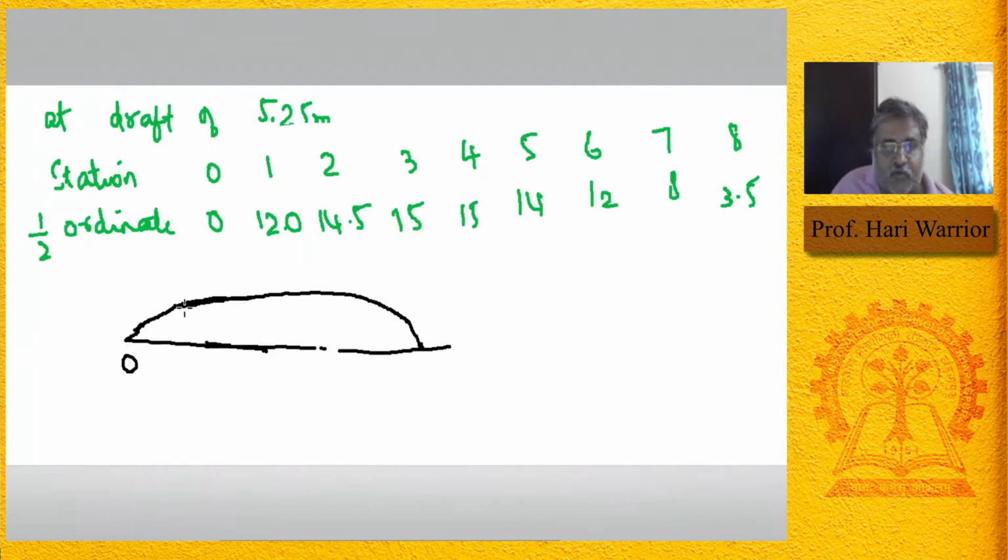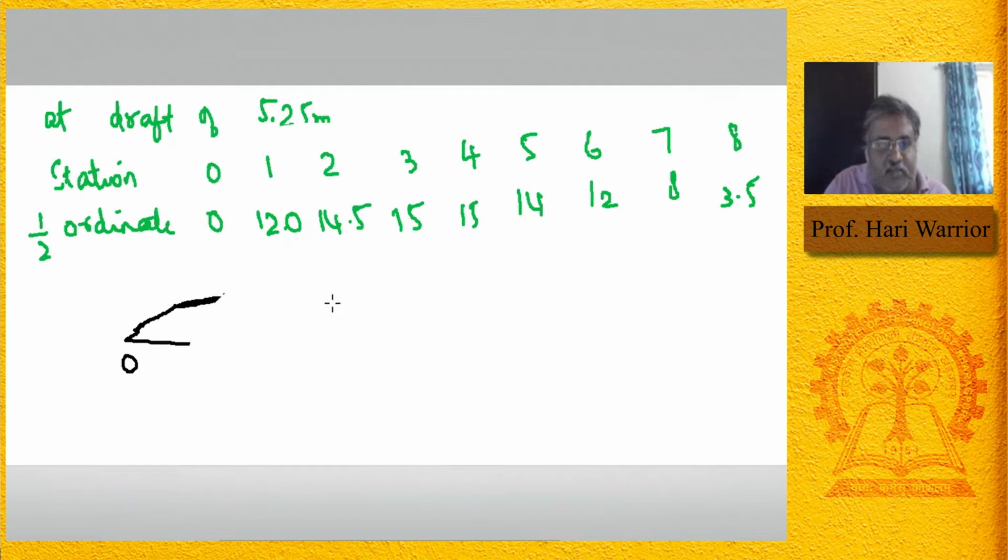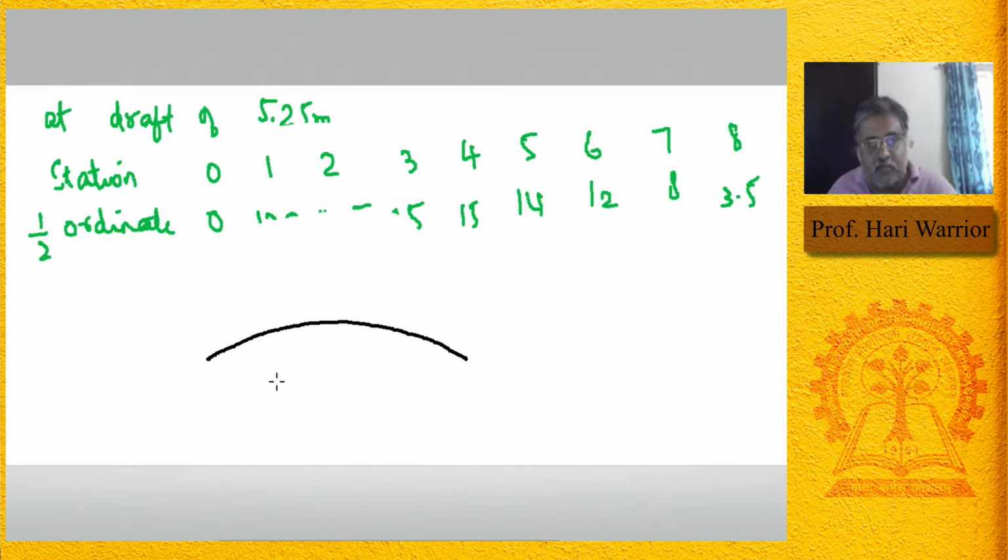It keeps increasing: 12, 14.5, 14.5, 14.5, 15, 15. Then it decreases again. The figure is a mess, and I find it difficult to draw in this, but you get the picture, I hope. It increases, goes up to 12, 14, and then comes down to 8, 3.5. So the half ordinate goes and comes like this. This is the shape of the ship.